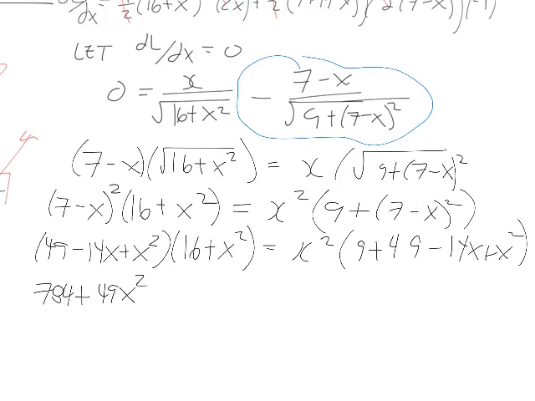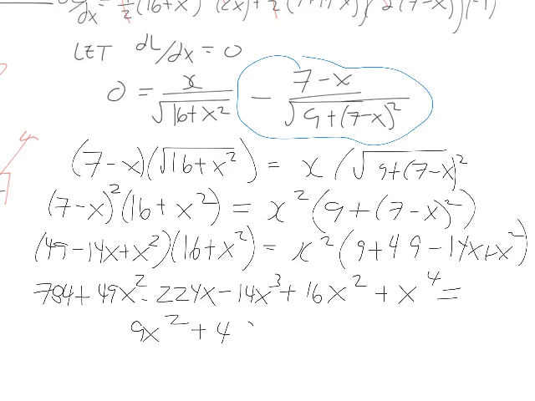Now I'm doing the distributive law again: minus 224x minus 14x cubed plus 16x squared plus x to the fourth equals, on the other side, 9x squared plus 49x squared minus 14x cubed plus x to the fourth. You can see it's quite a mess to keep track of.